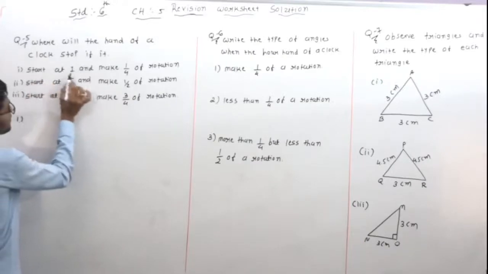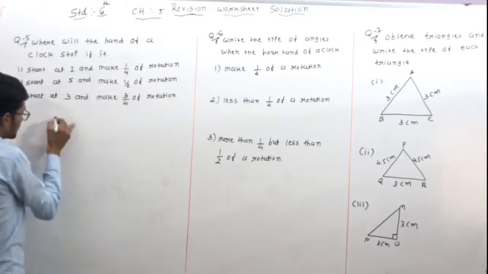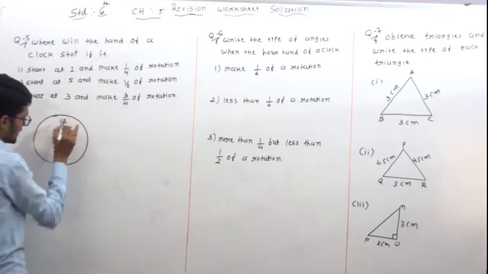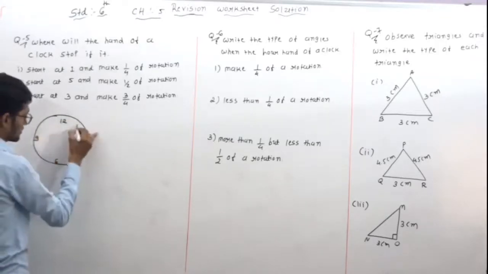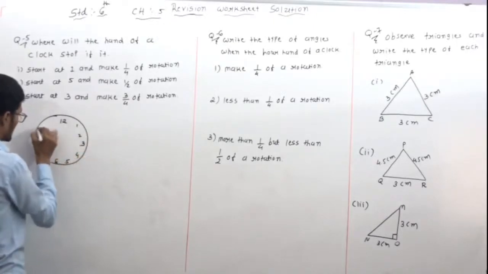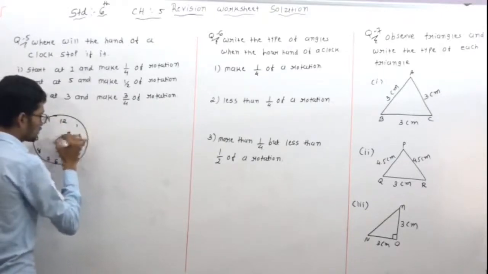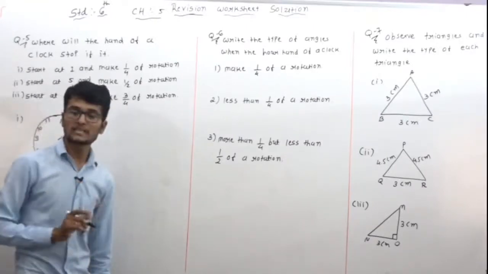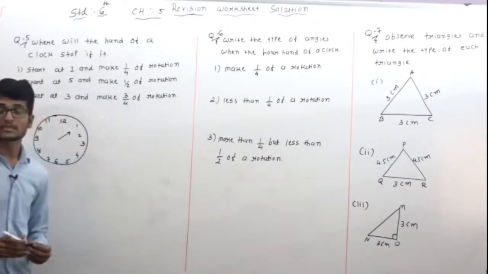Start at 1 and make 1/4 of a rotation. It means we have to first draw one clock. Here is 12, 6, 3, 9, 1, 2, 4, 5, 7, 8, 10 and 11. Now starting at 1, do 1/4 of the rotation. 1/4 means 90 degrees.